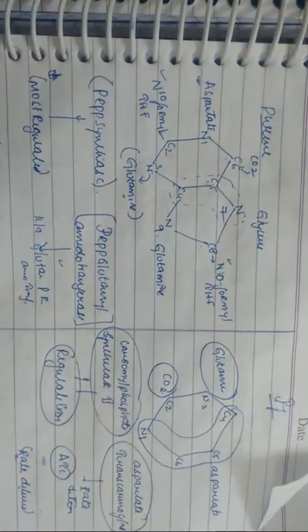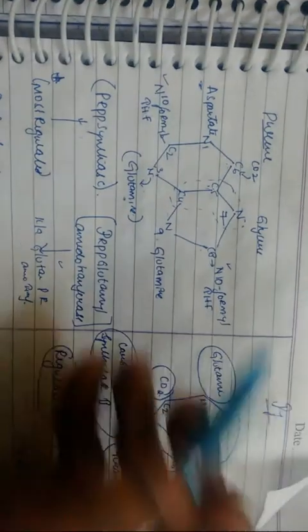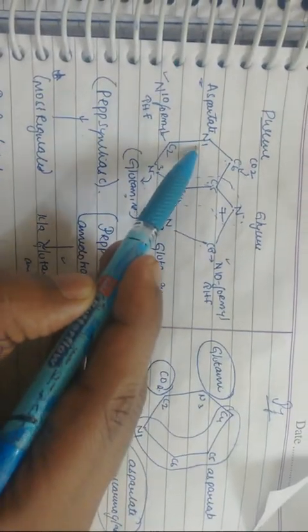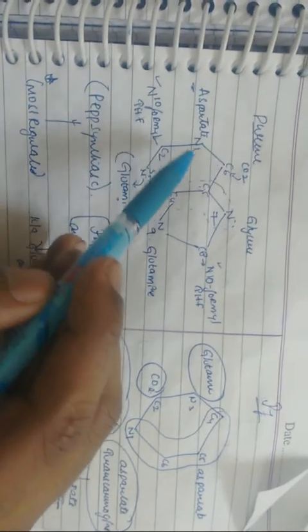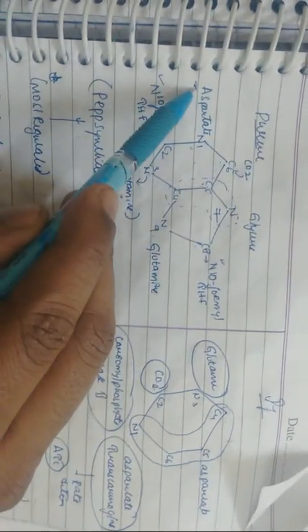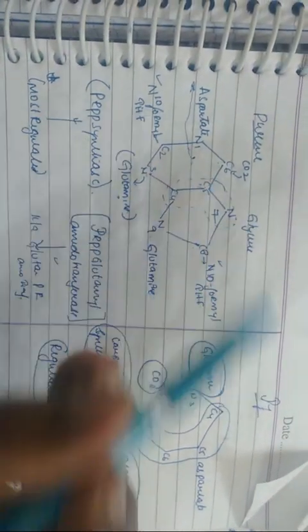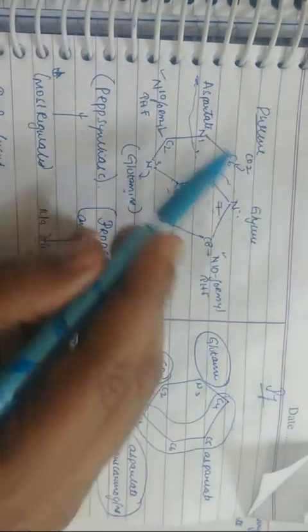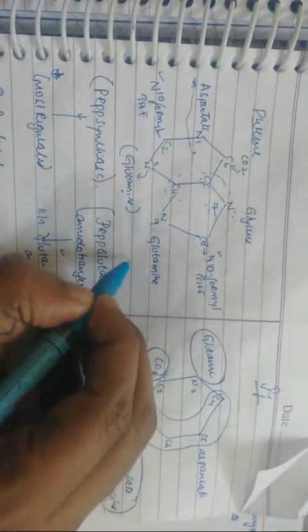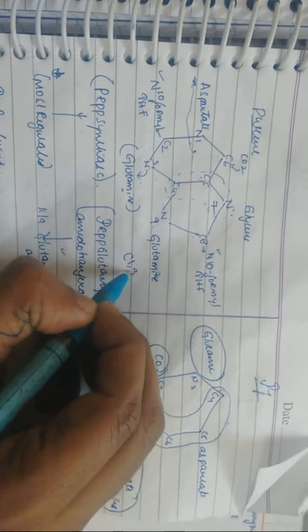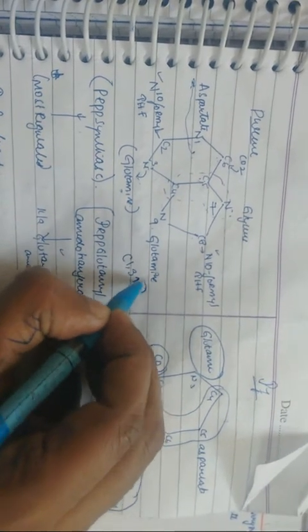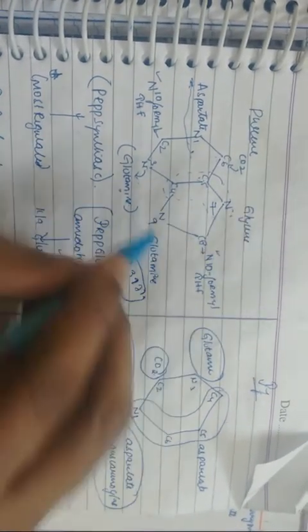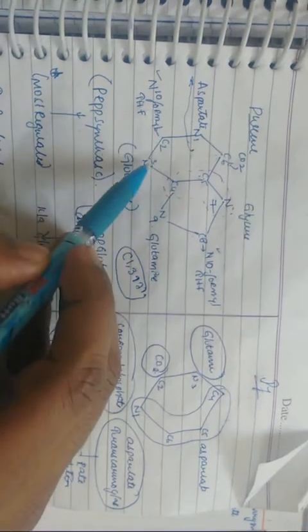So now let us understand who is donating what. The first nitrogen is donated by aspartate. How do you remember? A comes first alphabetically, so aspartate. And before understanding this, you should always know that at positions 1 3 9 7 we have nitrogen.